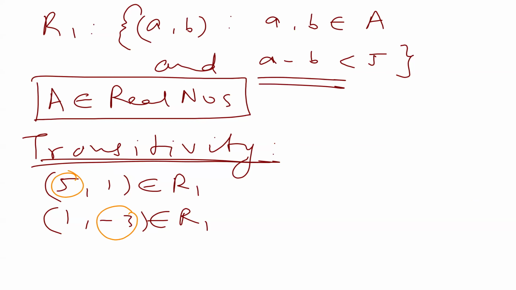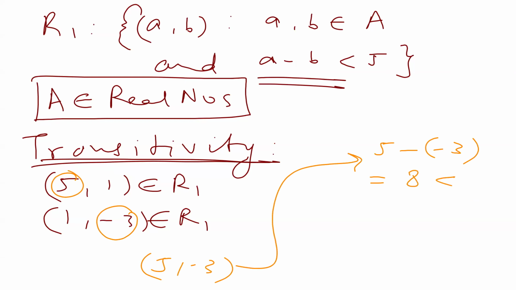Now 5 comma minus 3. 5 minus minus 3 is equal to 8. Is this less than 5? No, so here it is false. The first two statements are supposed to be true because we are checking transitivity, and the implied statement (a, c) should also be true, but it is false.